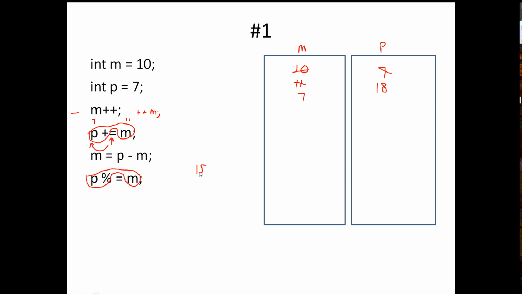So that means we take 18 divided by 7, and it goes in twice, which is 14, and there's still a remainder of 4, still 4 left. So this is asking for the remainder, so it's 4. So P is now assigned 4.